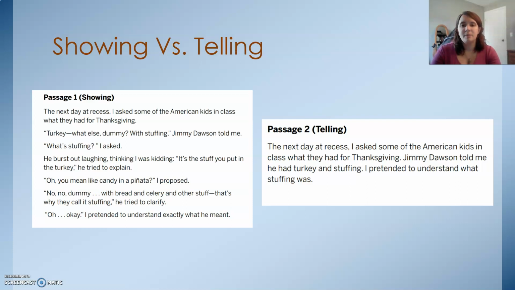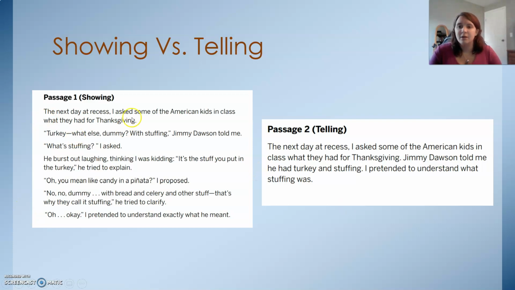So if you notice, just by looking at this image, the showing one is a little bit bigger than the telling one. What makes it different is passage 1 is using dialogue. They're using communication. So dialogue is when characters are actually interacting and talking to each other in a story.